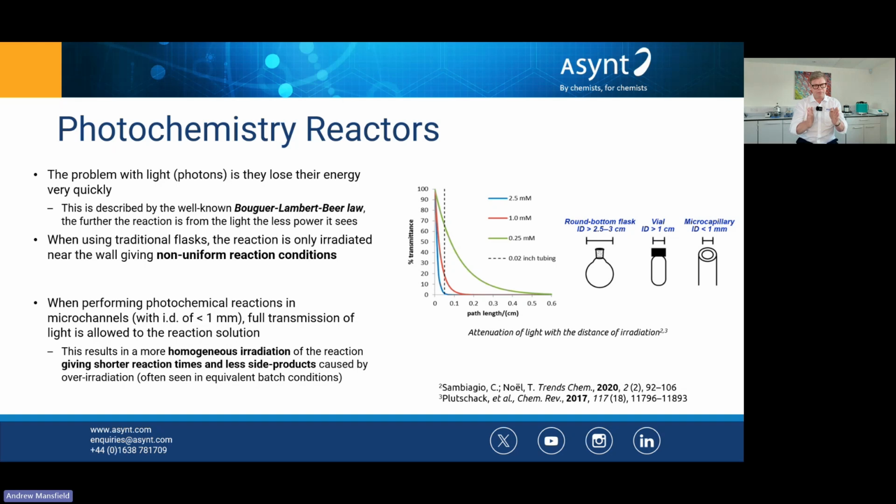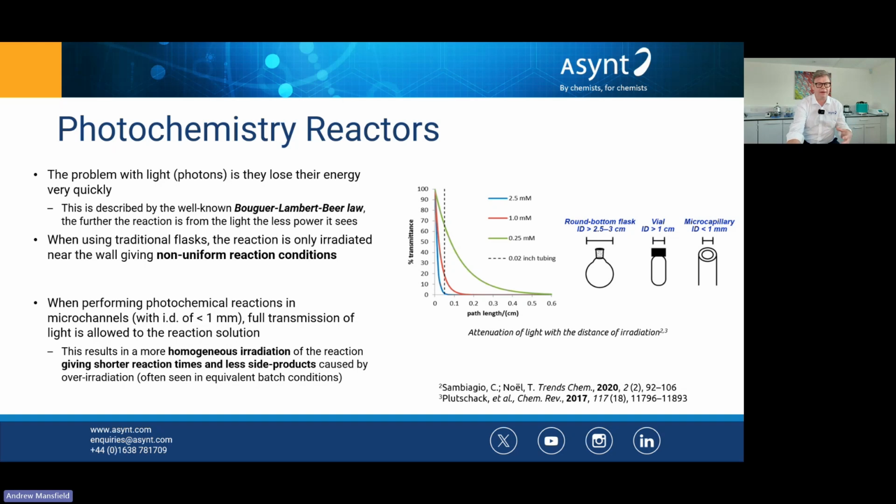But as those reactor volumes get smaller, for example with flow reactors, where we have a 1 millimeter capillary, that light penetration is a lot more efficient. So we can design our reactors for different applications, but also for more efficient irradiation.